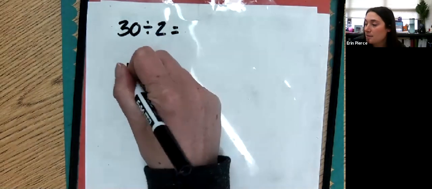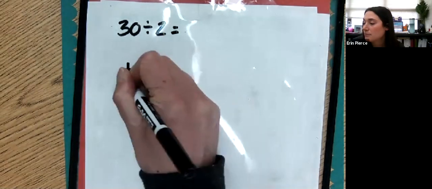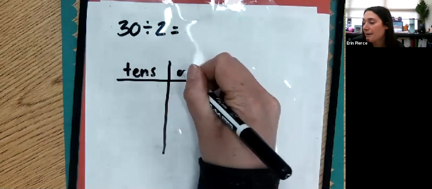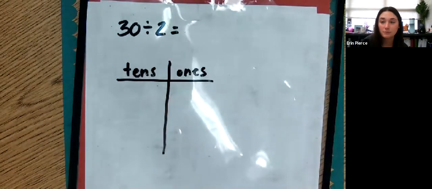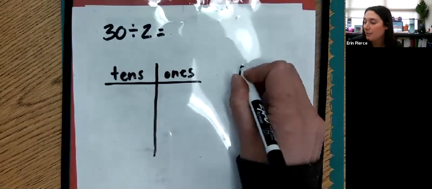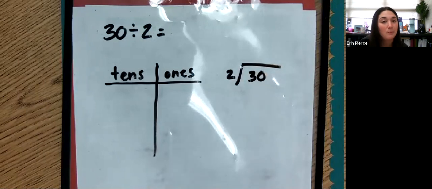And I have my tens, my ones, and 30 divided by 2.